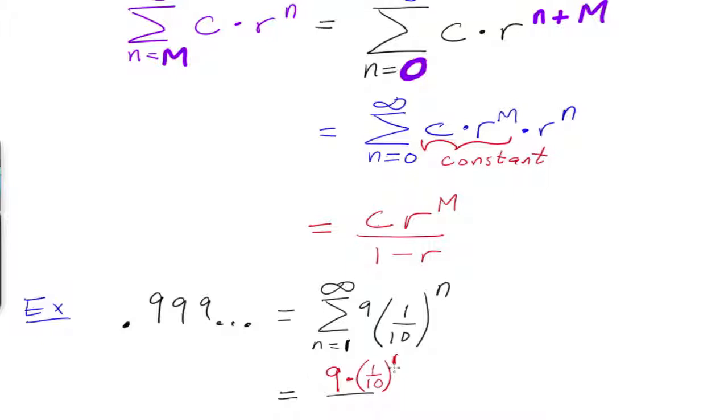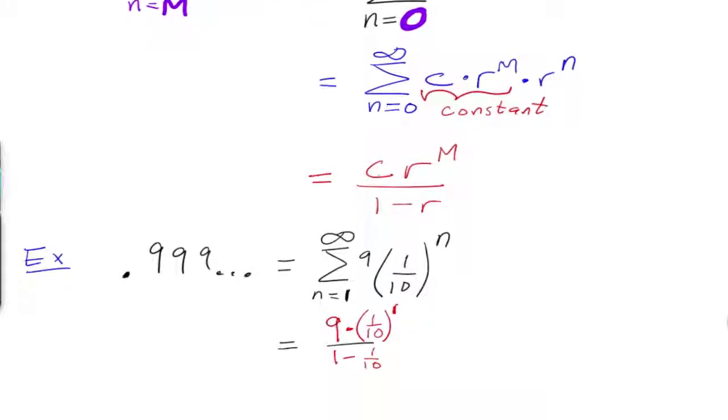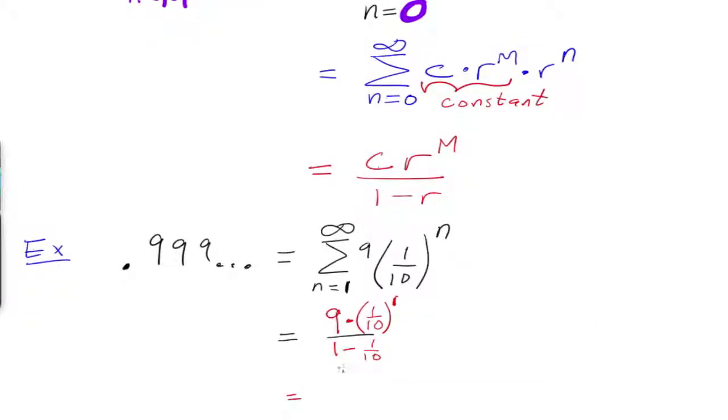That's how many my index is shifted over. And then over 1 minus r, which is 1 minus 1/10. So then what I get is this is equal to 9/10 over 9/10, which is equal to exactly the number 1.